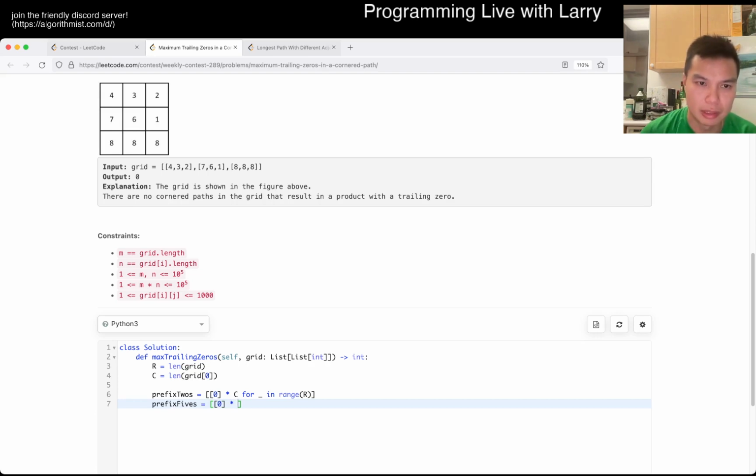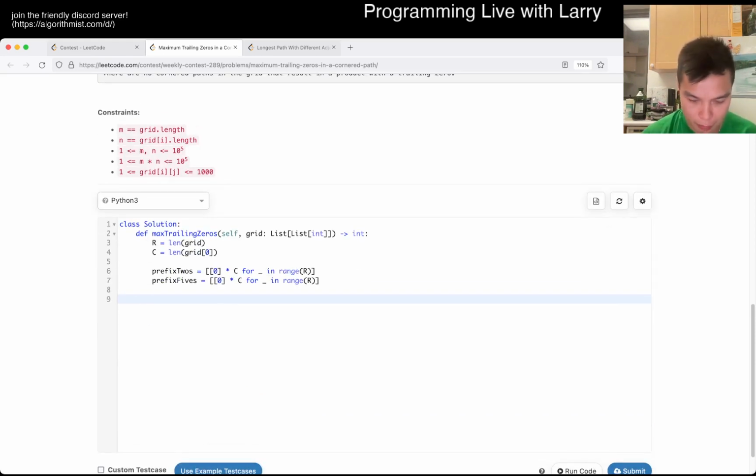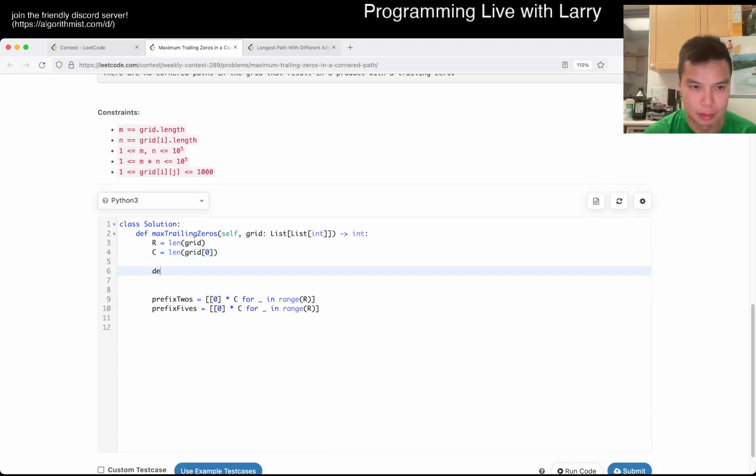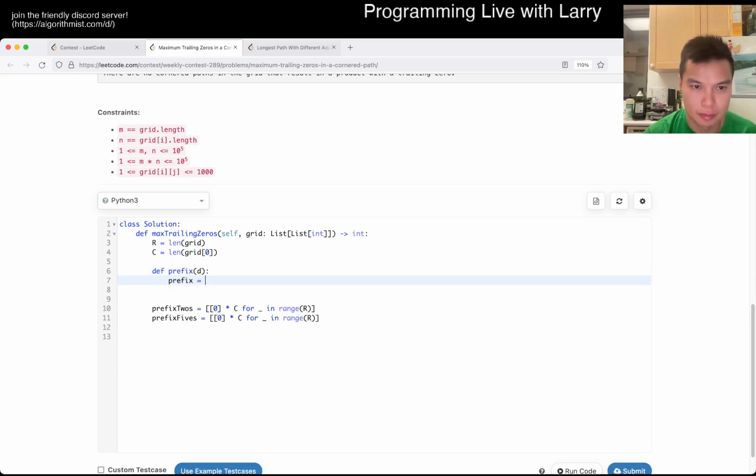Each element is less than 1,000, but if you have so many elements, then it's a lot. Okay, fine. Maybe I don't have to define it like this, but also I think I need +1 for prefix.